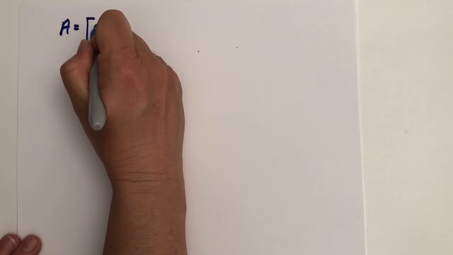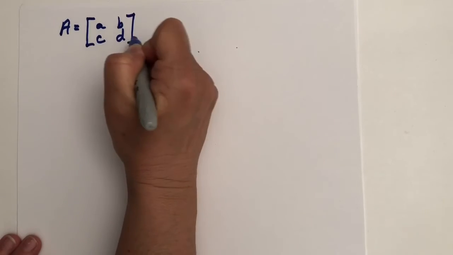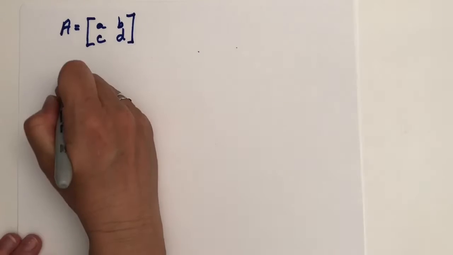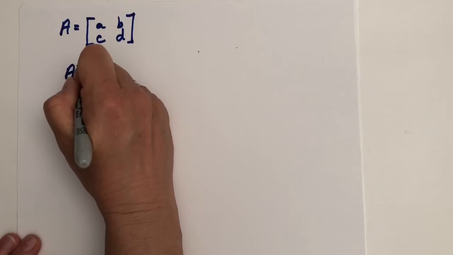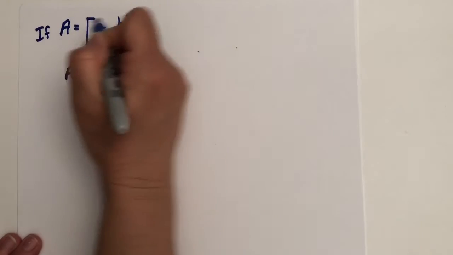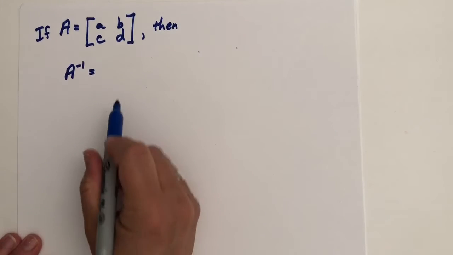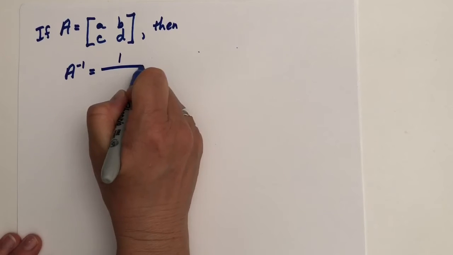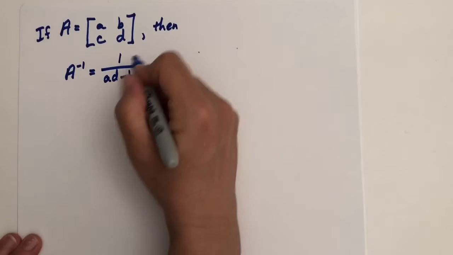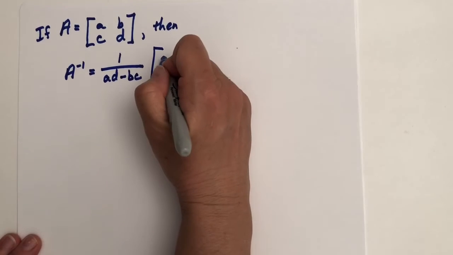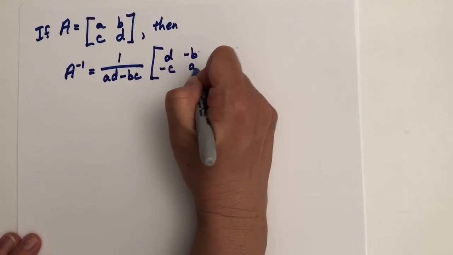Suppose you have the matrix A, B, C, D. I'm not going to prove it, but I will just tell you that A inverse, if this is A, can be found by multiplying 1 over AD minus BC by the matrix D, opposite of B, opposite of C, A.